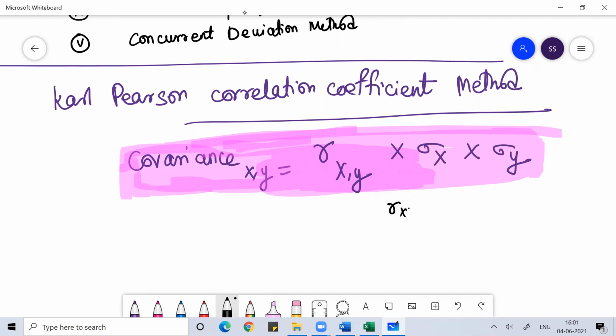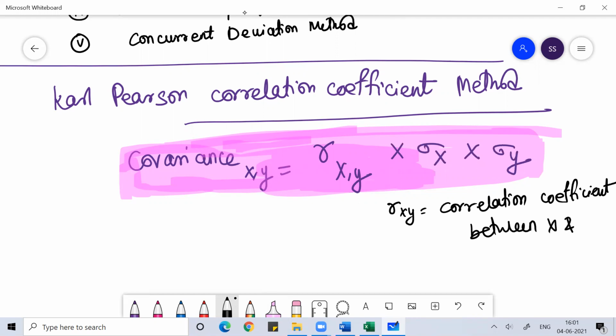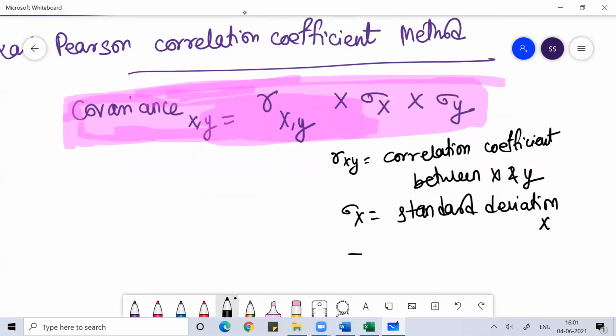So R of xy is the correlation coefficient between x and y. This is the standard deviation of x, and this is the standard deviation of y.